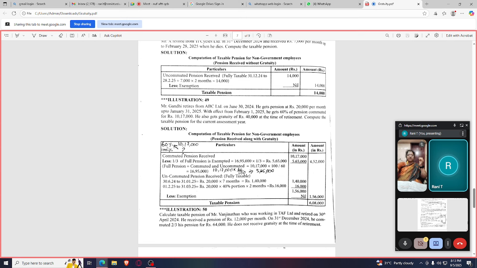If 60 percent is 10,17,000, then what is 100 percent? You write 60% amount is 10,17,000. Then for 100 percent you mark a question mark. I have already said, whatever is the question mark, what is cross opposite will come down.